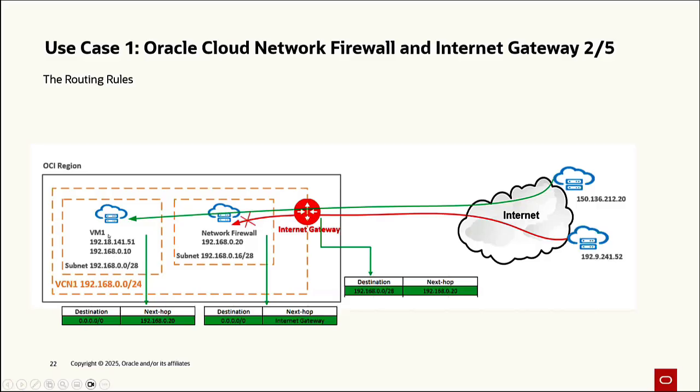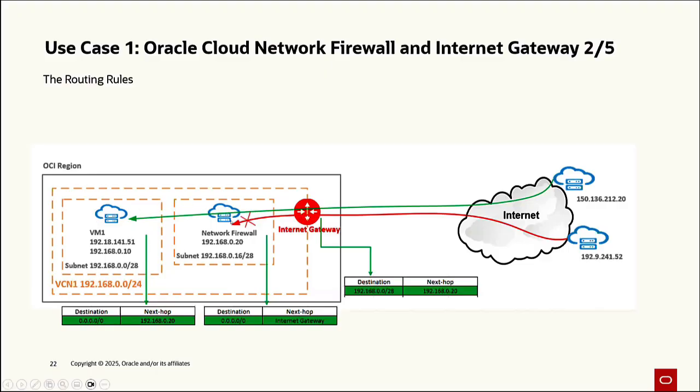Let's look at the virtual machine. In order to send the traffic to the internet over the OCI network firewall, the virtual machine will have a default route. The destination will be the quad 0, and the next stop will be our network firewall. So our traffic will flow from the subnet where the VM is located to the network firewall.